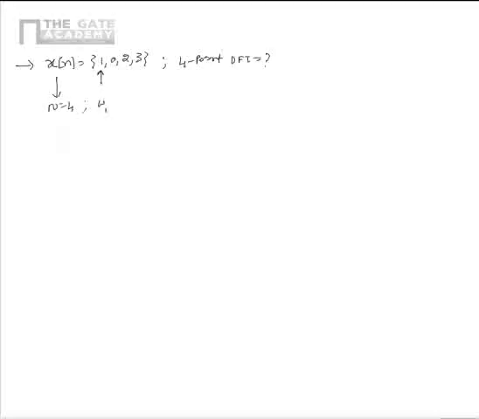Here the signal x of n is of length 4. From this we can write that omega n is equal to e power j 2 pi by n, which can be simplified as e power j pi by 2.